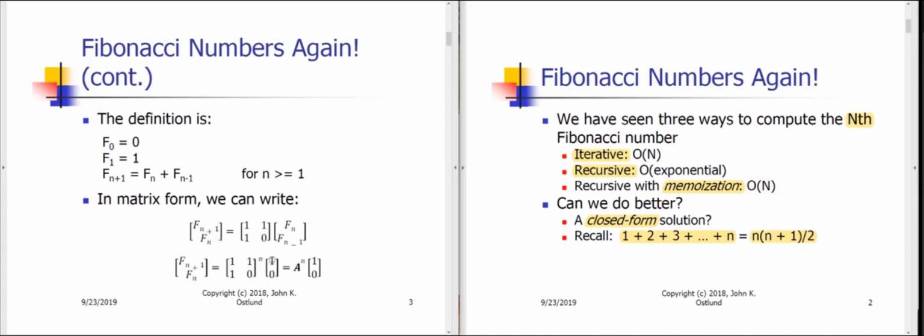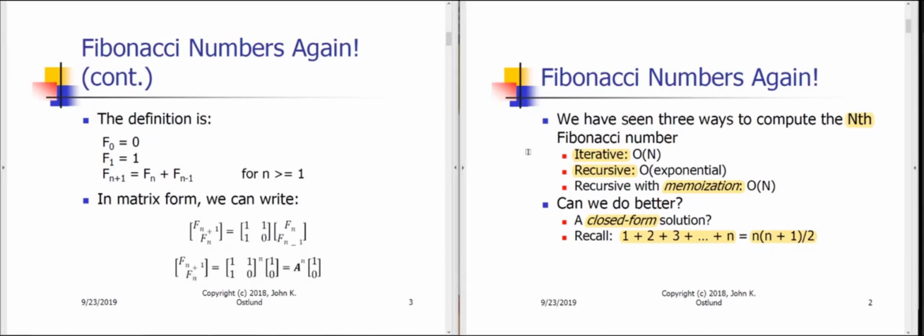It's easy to see that if we start from the vector 1, 0, which is to say F sub 1 and F sub 0, we can then simply multiply by this matrix to the nth power to get the n plus 1th Fibonacci number. Okay, so we can call that matrix A, and therefore, given our vector of F sub 1 and F sub 0, we just multiply by A to the nth power to get F sub n plus 1 and F sub n.